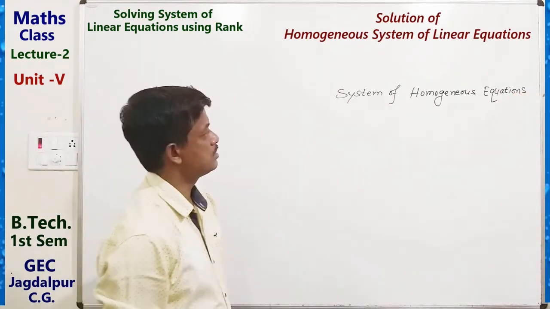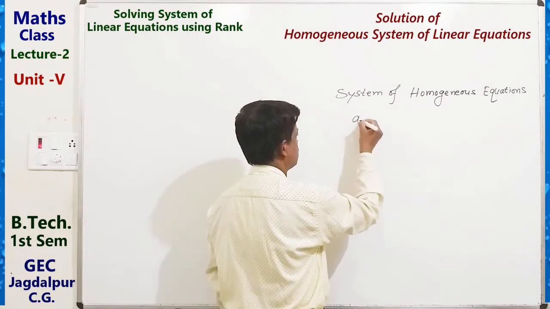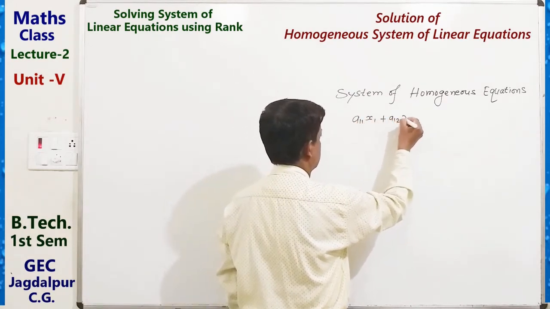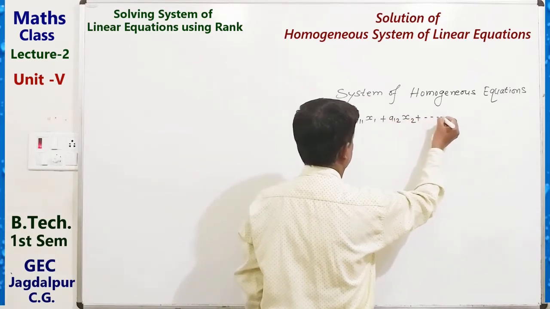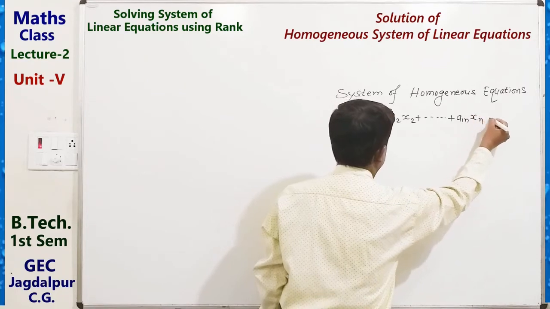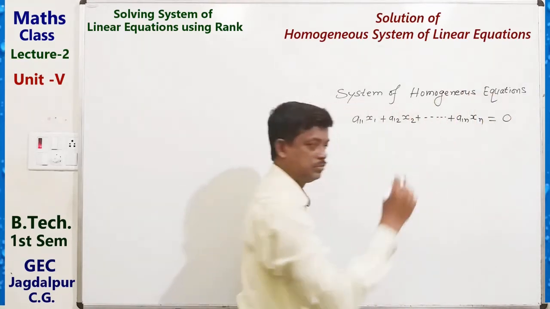Suppose a11 x1, a12 x2 up to a1n xn equals right hand side 0.